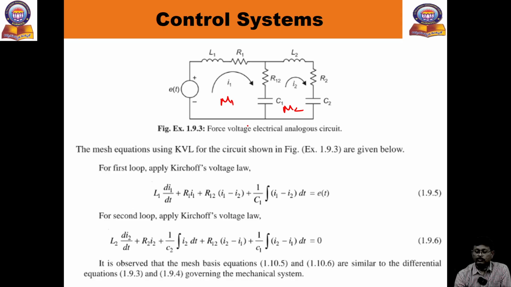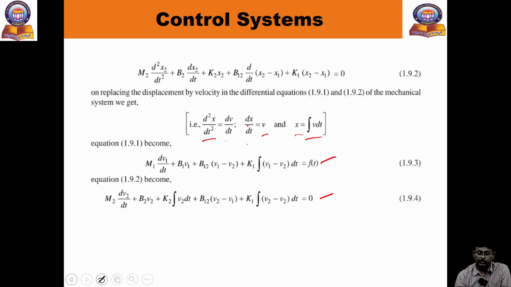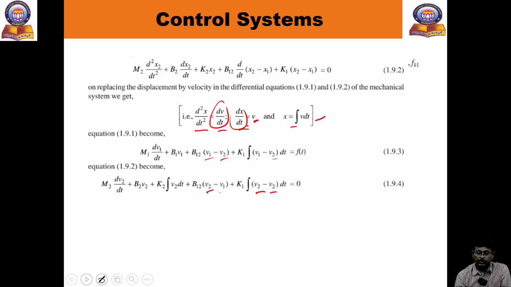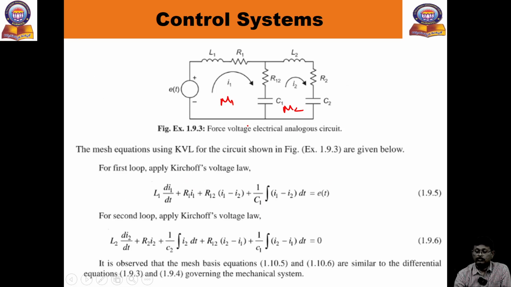Now between M1 and M2, what elements are there? Between M1 and M2, K1 and B12 are there. Then on the other side, K2 and B2. Understood? So the same thing we get here: R1 to C1, then L to R2, then C2, in terms of mass.